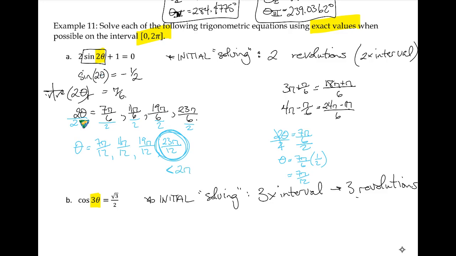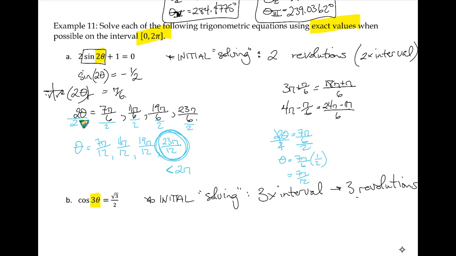So I know this is probably the most complicated thing that we've had to consider. But the idea is that because we had to divide by 2, we had to go around 2 revolutions, because then we cut them in half. And we end up getting to within our expected interval, the interval that we were told we needed to work within. Okay, so we do fit the criteria in the end.